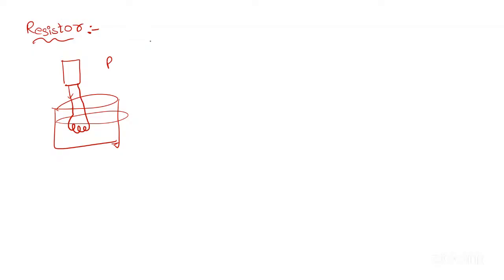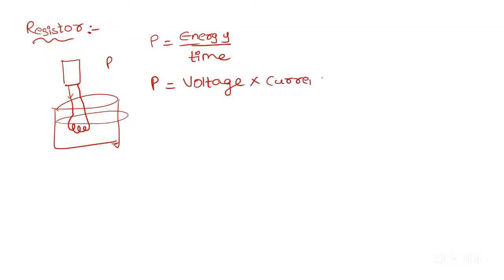Power can be written as energy by time. Another formula is power equals V into I, voltage into current. According to Ohm's law, V is directly proportional to I, so V equals IR.